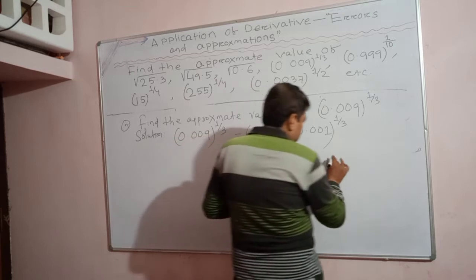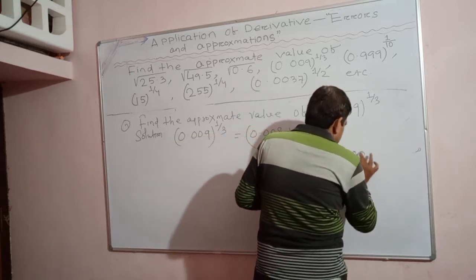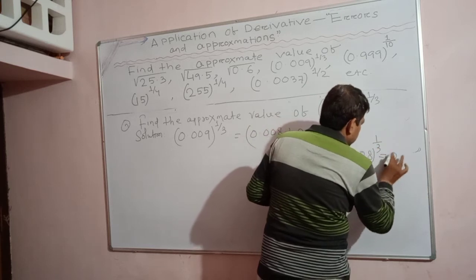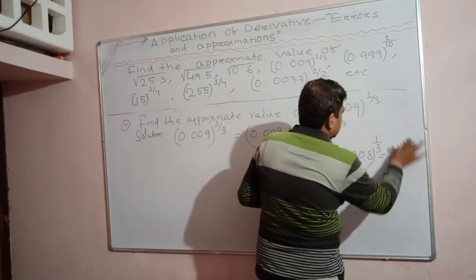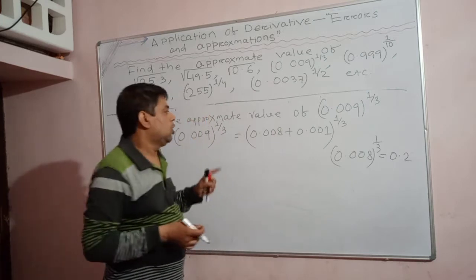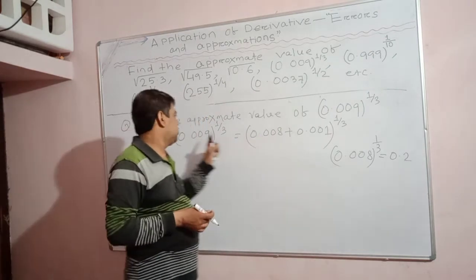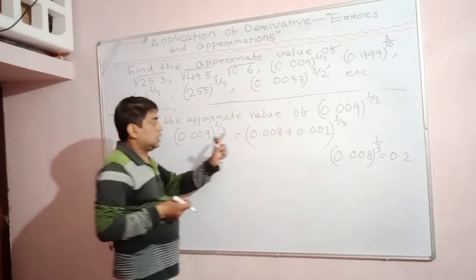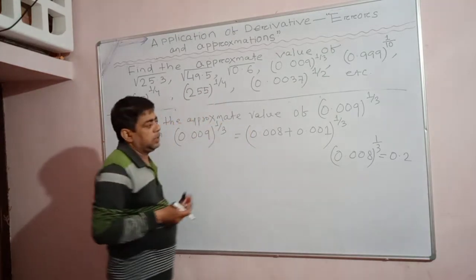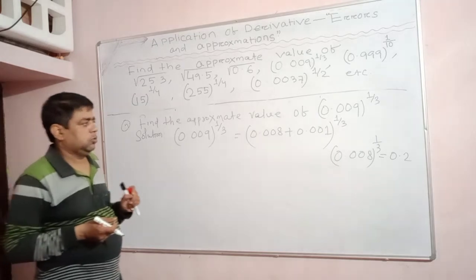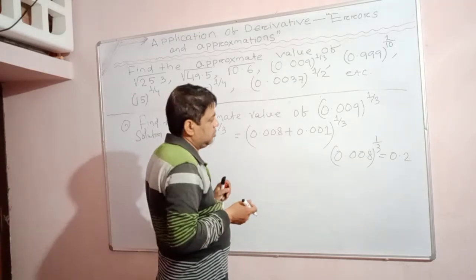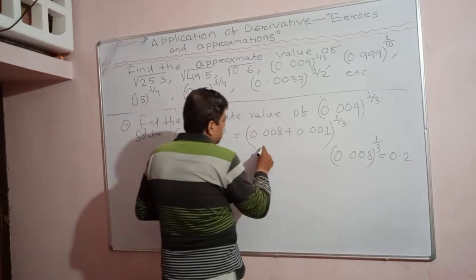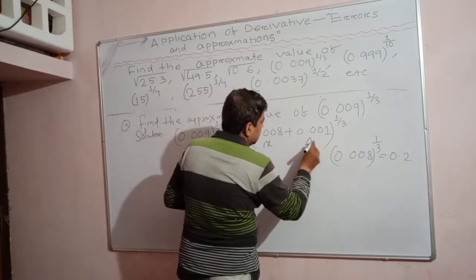And all of you know the cube root of 0.008 is 0.2. So we can find the cube root of this number. You have to divide 0.009 in such a manner that one of the numbers is the nearest perfect cube, whose cube root we can find. Here this value will be x and this value will be del x.